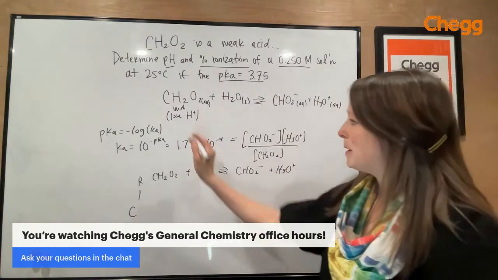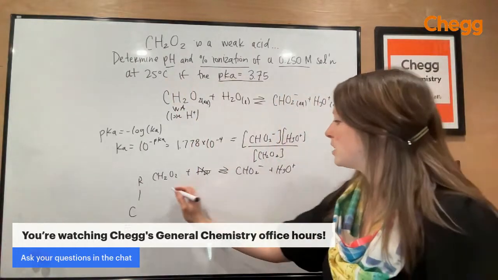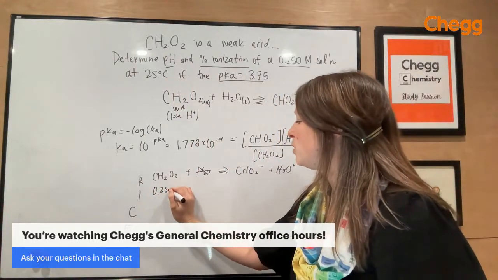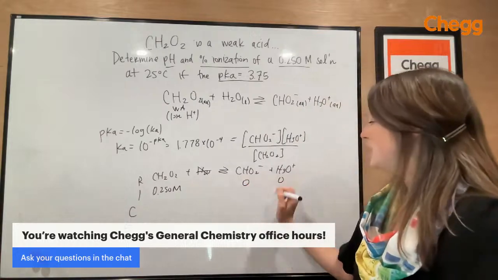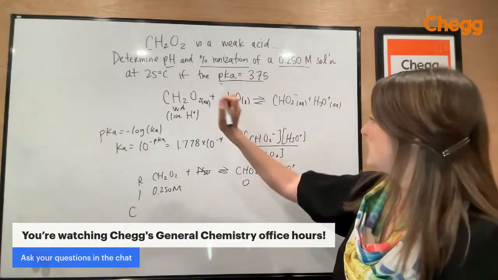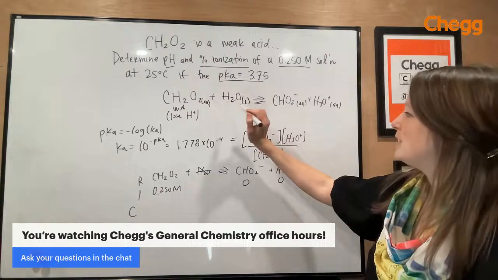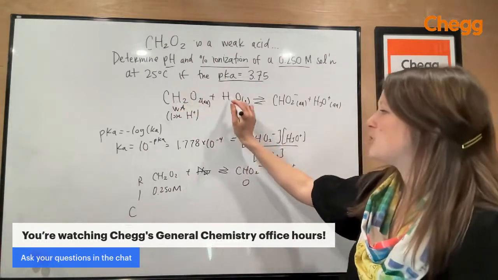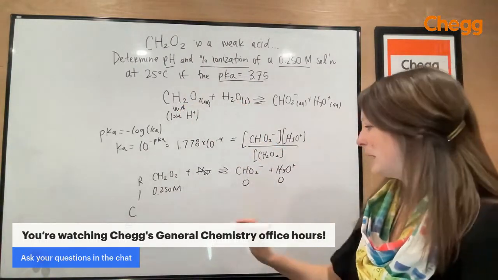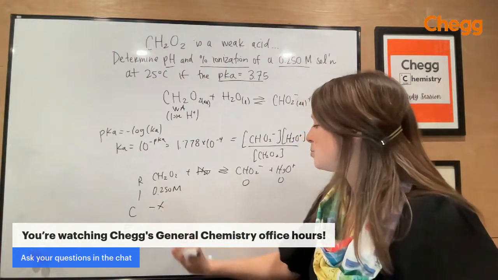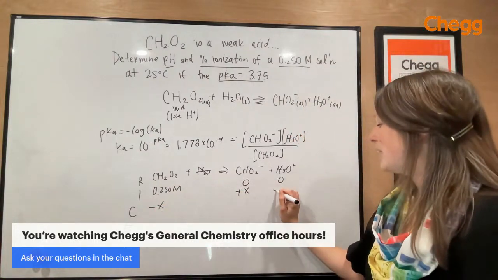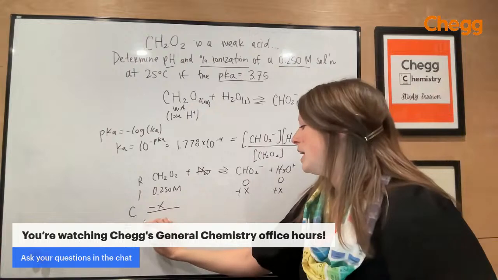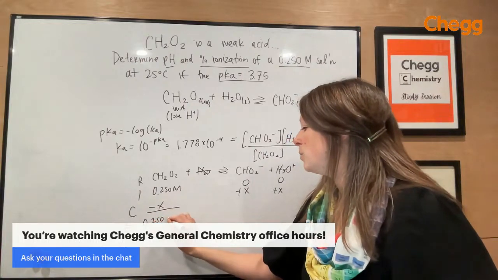So I know my initial concentration was 0.250 molar. I don't have any of this. It is just a 1-to-1 ratio. This is balanced. We've just transferred this hydrogen over to that, so it's really easy to balance. So I'm going to subtract x from this, I will add x to each of these, and then I end up with 0.250 minus x.